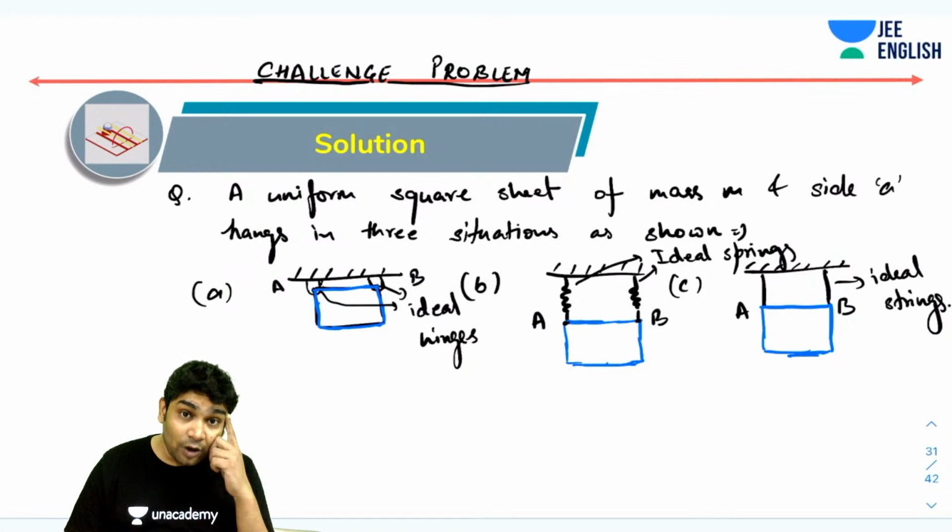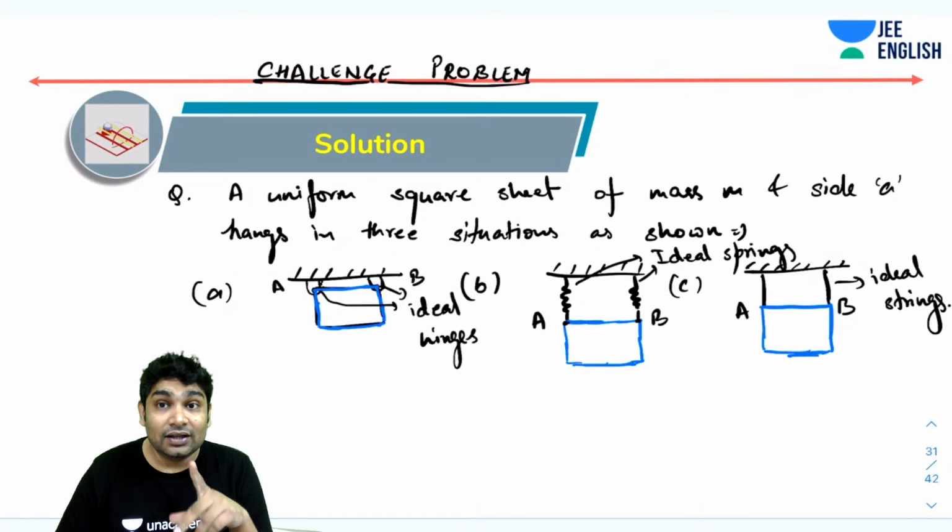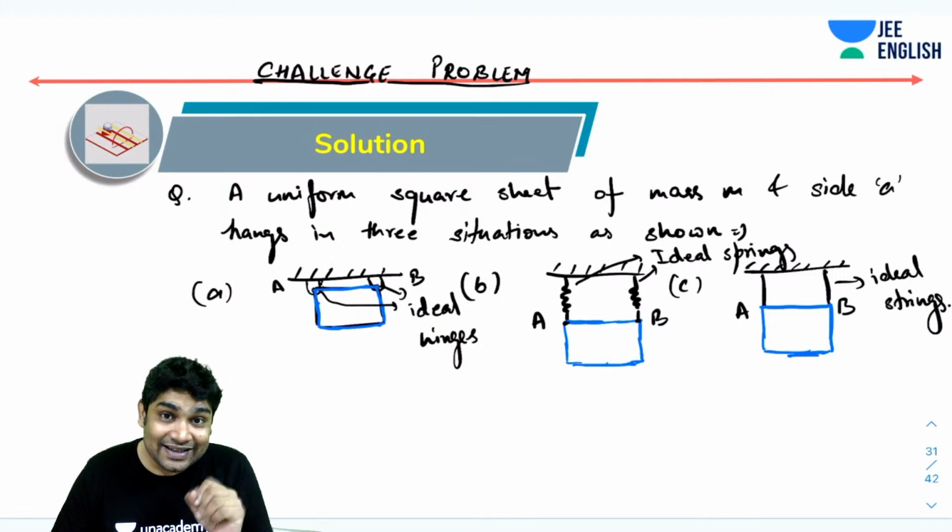Okay. Now, in all these situations, you have to find the alpha and the a_CM immediately after the contact at B is cut.